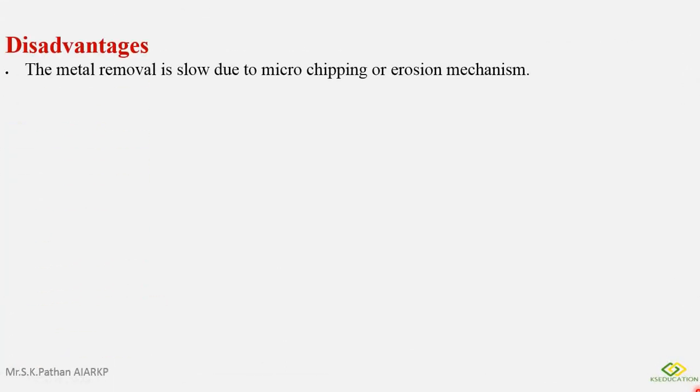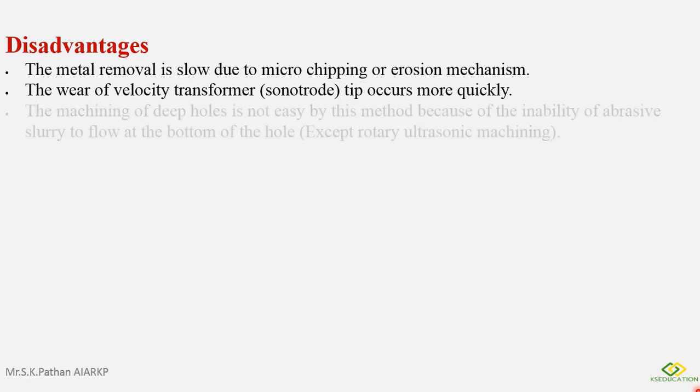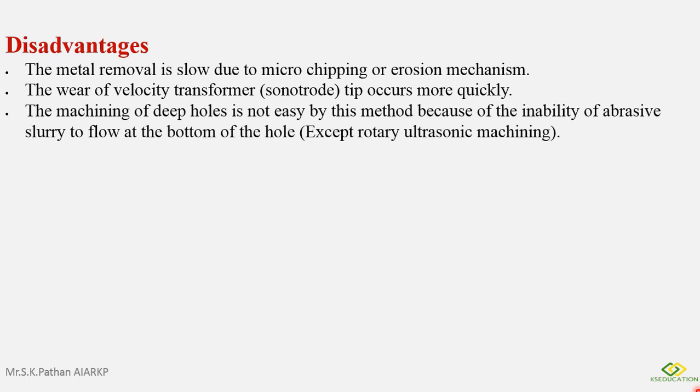Disadvantages: the metal removal is slow due to the microchipping or erosion mechanism. The wear of the velocity transformer, that is the sonotrode tip, occurs more quickly. The machining of deep holes is not easy by this method because of the inability of the abrasive slurry to flow to the bottom of the hole, except in rotary ultrasonic machining.